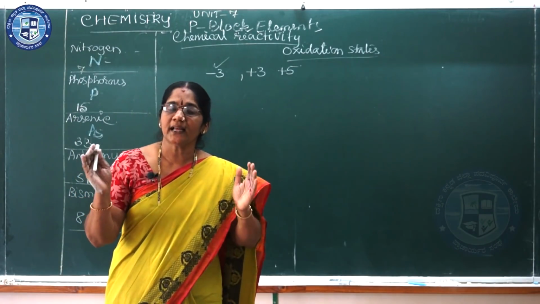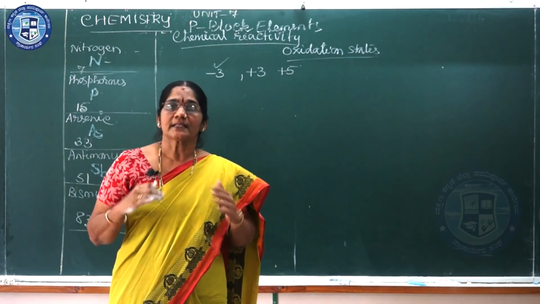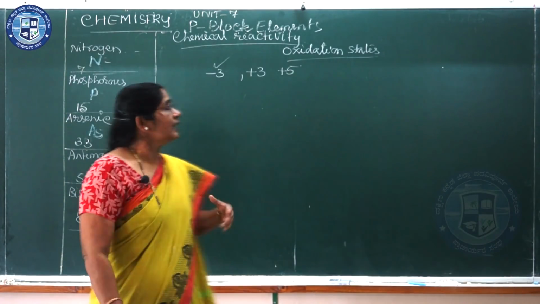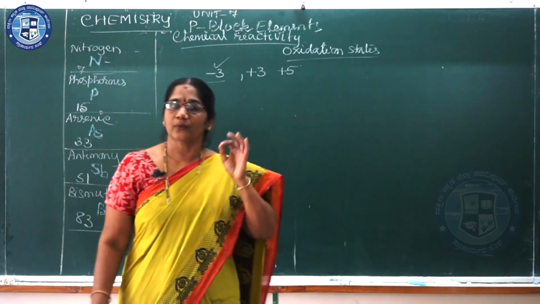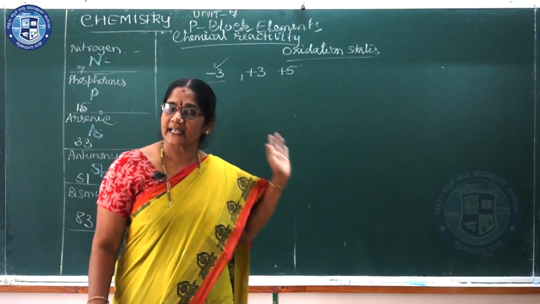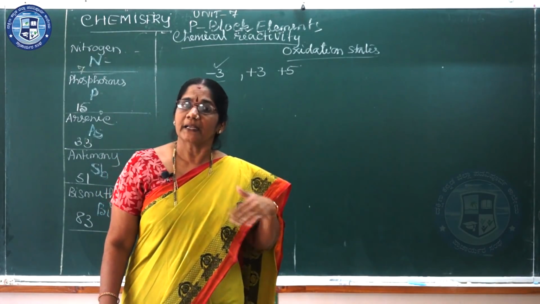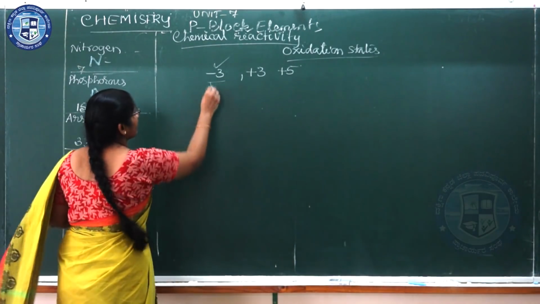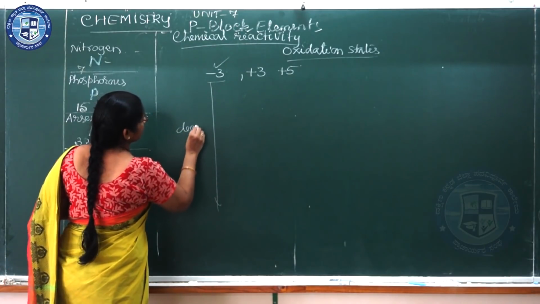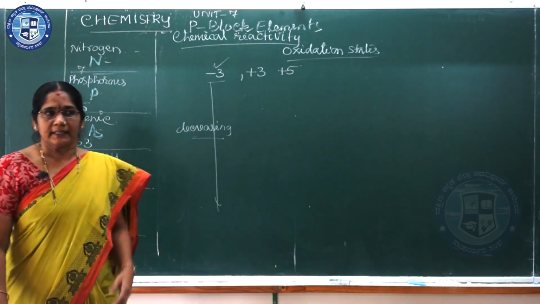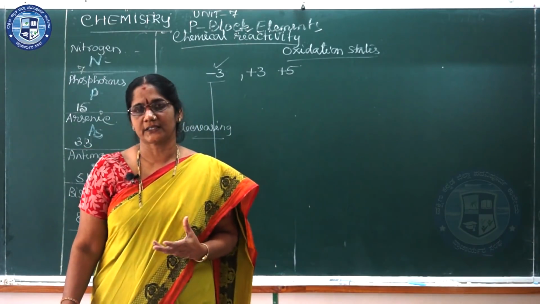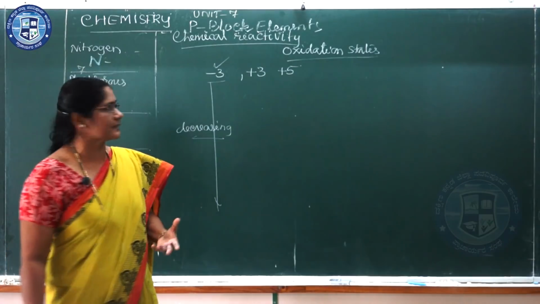So the tendency of these atoms to exhibit the -3 oxidation state goes on decreasing. As you move down, the ability of -3 oxidation state for these elements goes on decreasing.